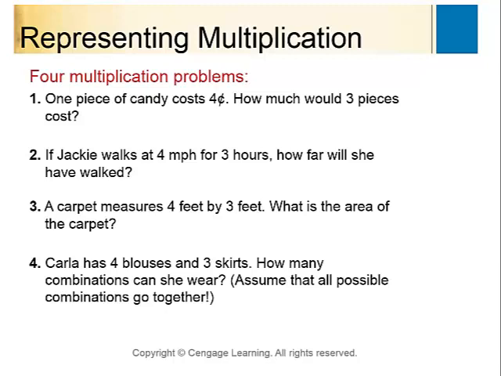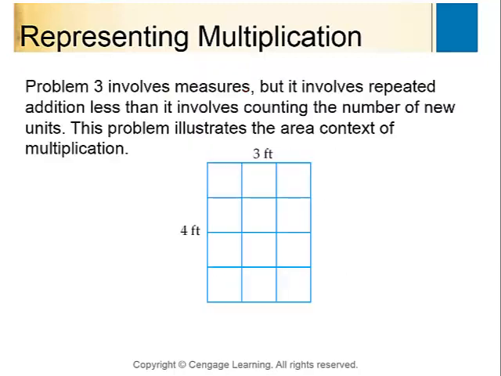We can represent this with a diagram, as we always like to do with visuals. Notice how the visuals are what cue us in as to what it is we're talking about. So if I were to talk about a piece of carpet that was 3 foot by 4 foot and count out those blocks, I would see that that was 12 foot squared.